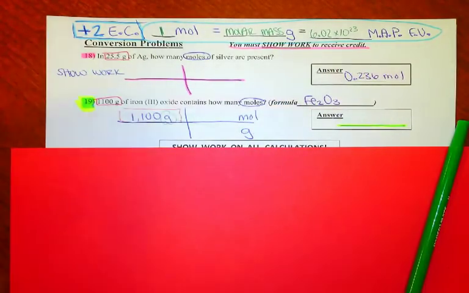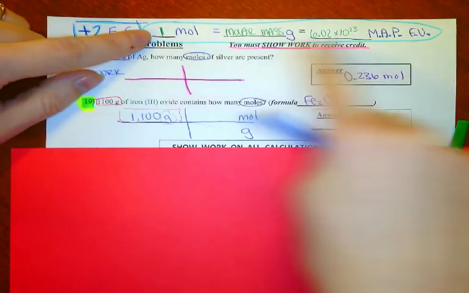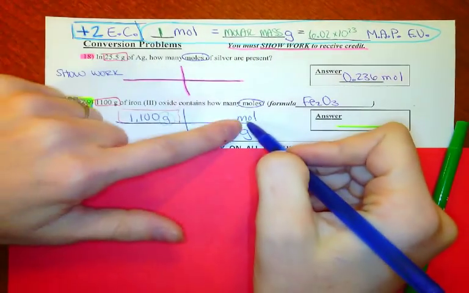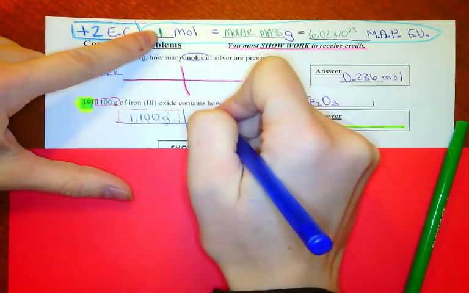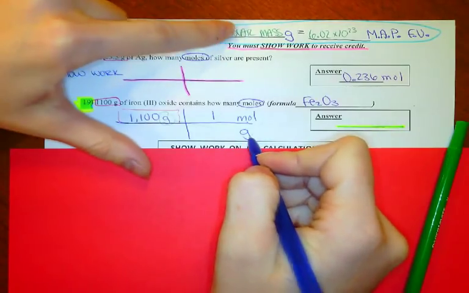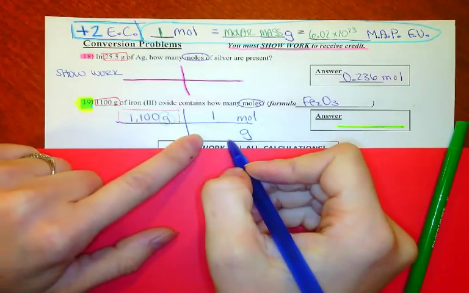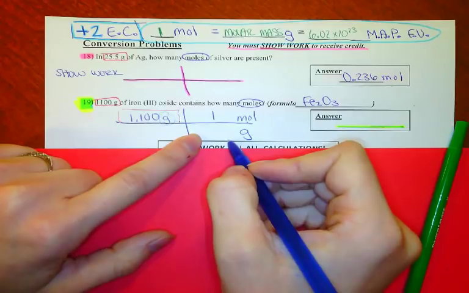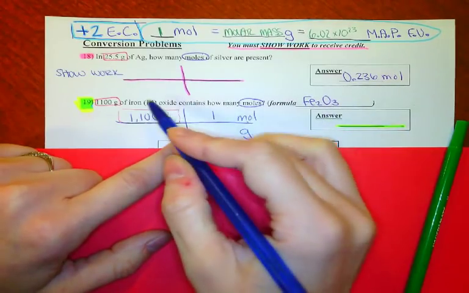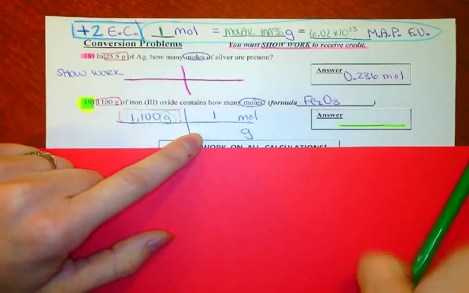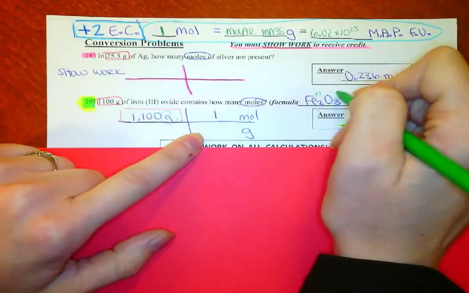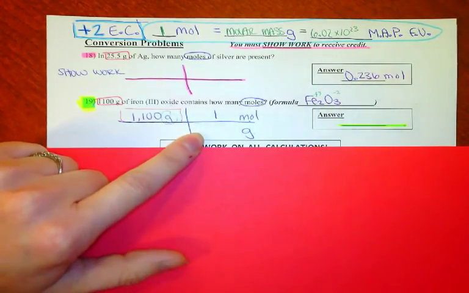Okay. And then we go to the periodic table, or we have it written right there. A mole gets a 1 in front of it, and gram gets the molar mass in front of it. So that's where we have to say, okay, molar mass of what? That would be of iron 3 oxide, which I wrote that formula, because iron making the 3 charge oxygen. So real quick, we're going to have to calculate that molar mass.